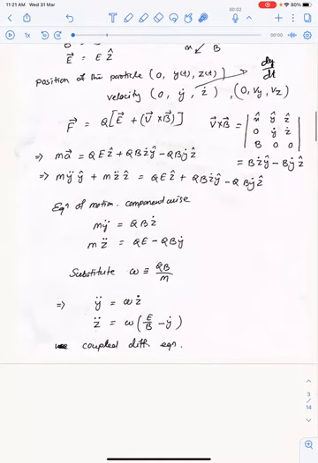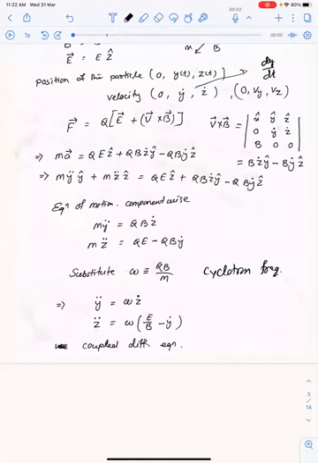So you can write the equation of motion component-wise. Separate out the Y cap and Z cap components, and you can write the following two equations. m y double dot is QB z dot, and m z double dot is QE minus QB y dot. To simplify a little more, you can substitute omega as QB by m, which is also known as the cyclotron frequency.